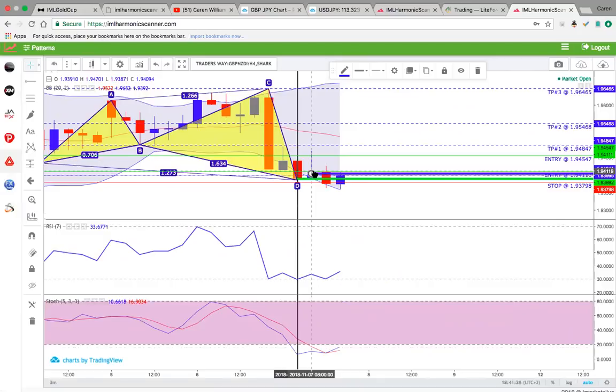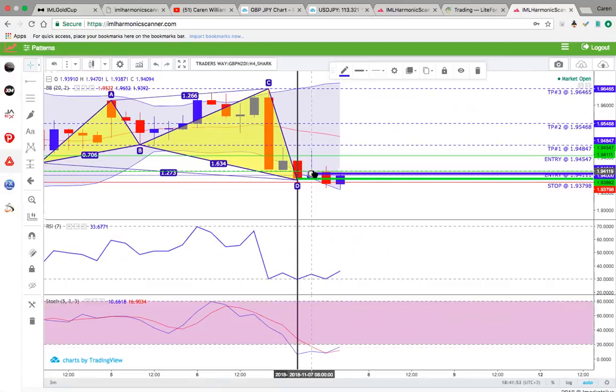So you can see how this strategy gives more probability. As I say, it's a high probability trade, right? And I believe that once you're using the harmonic scanner and you're aligning this strategy, you can have consistent wins. Now remember I said you can use the harmonic scanner stop loss, or you can set a 20 pip stop loss.